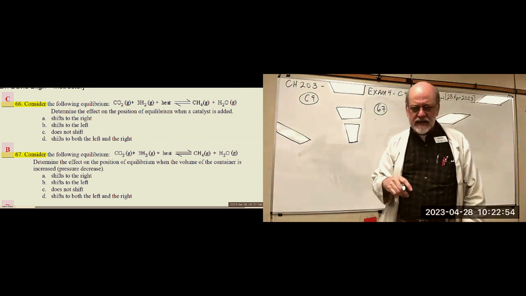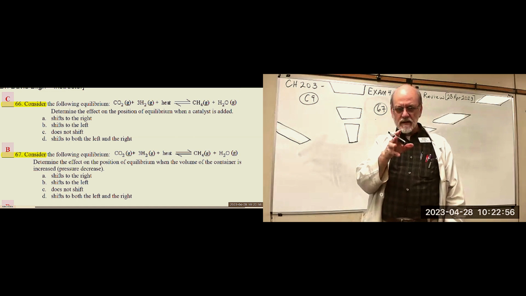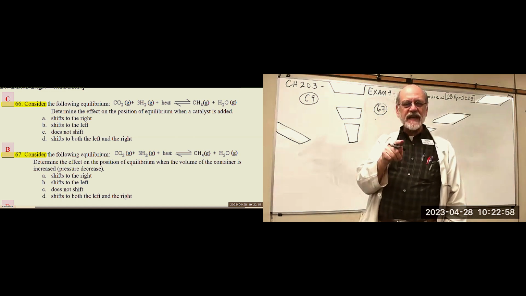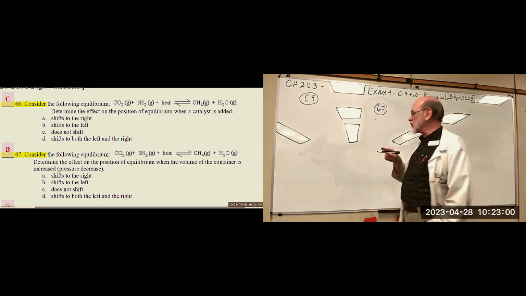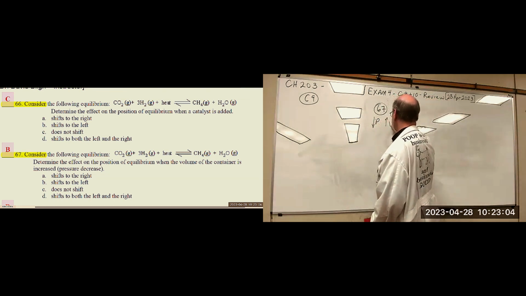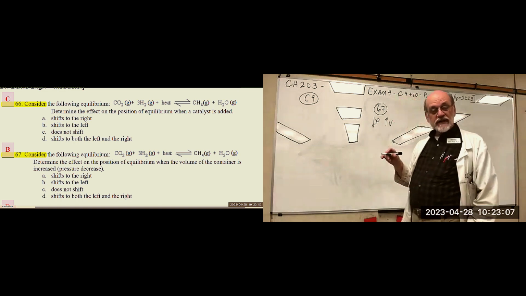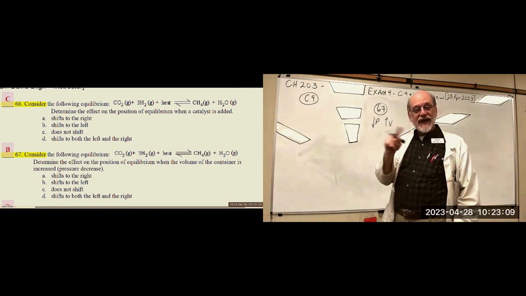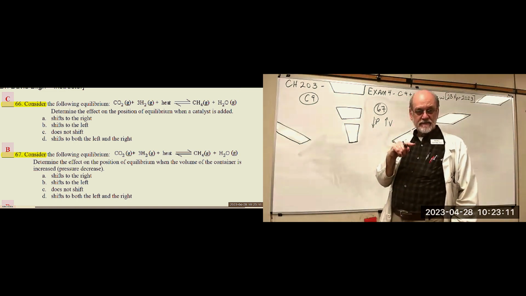What if the volume of the container is increased, pressure is decreased? So pressure is decreased, volume is increased. So we need to look at the gas balance on either side.